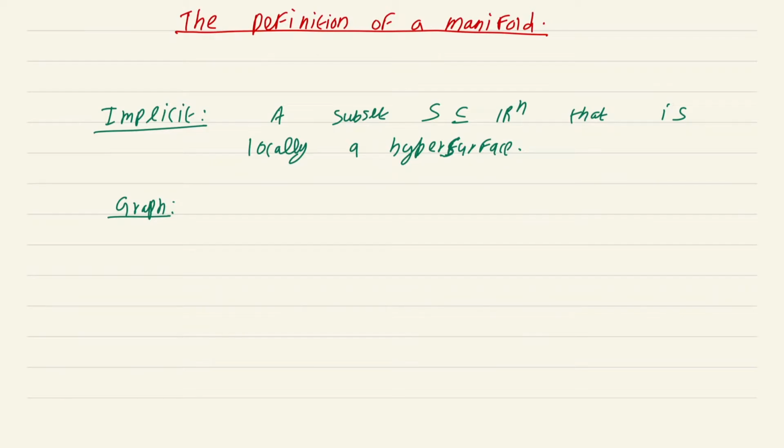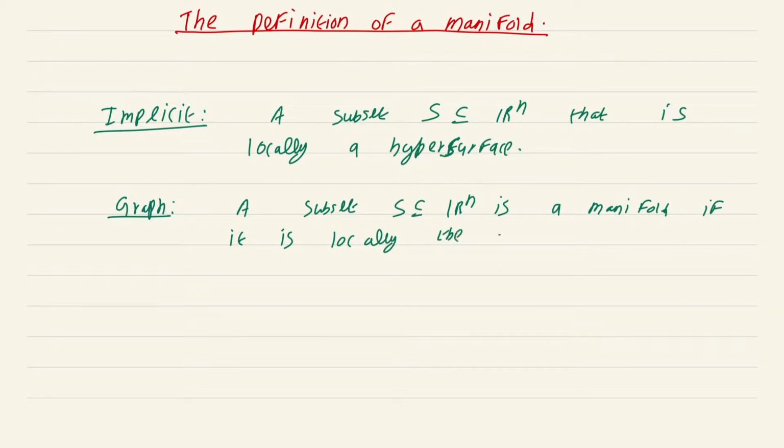A subset S of Rn is a manifold if it is locally the graph of a smooth function.